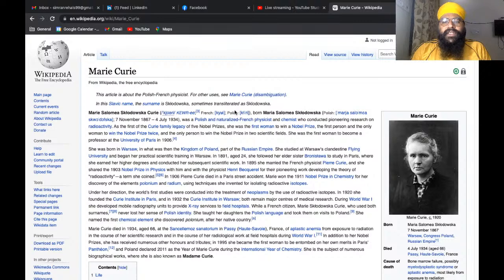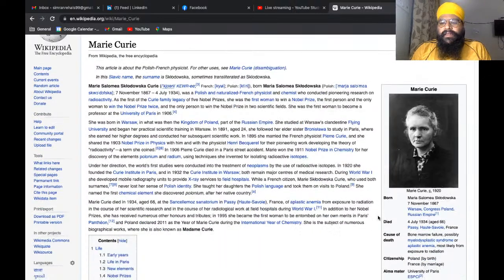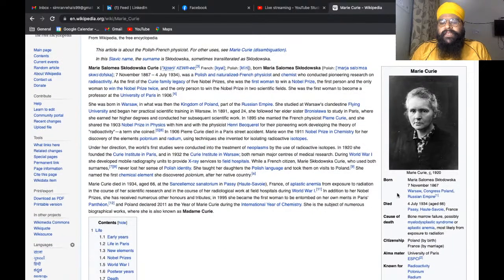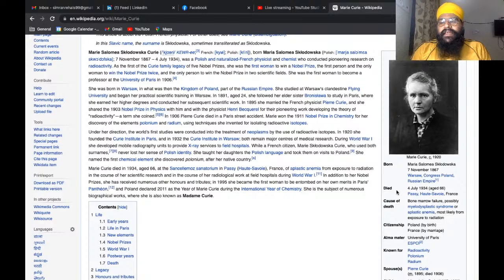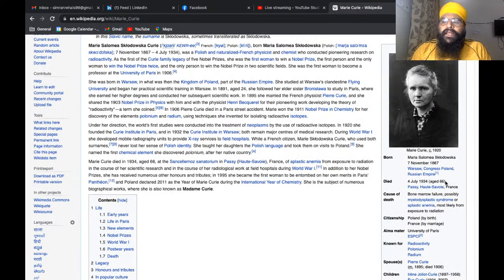I think it's a Polish name. Yes, it's Polish, born in 1867. She's an inspirational lady for people who are passionate about science. At the age of just 66, she could do a lot in her life in France. The cause of death was possibly bone marrow failure.